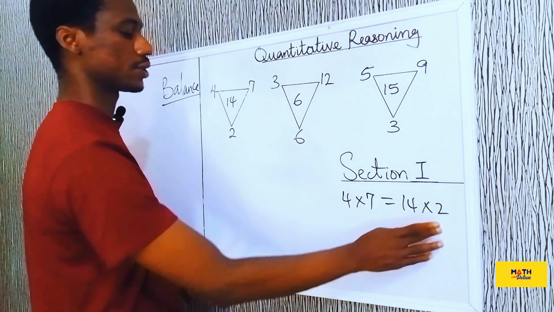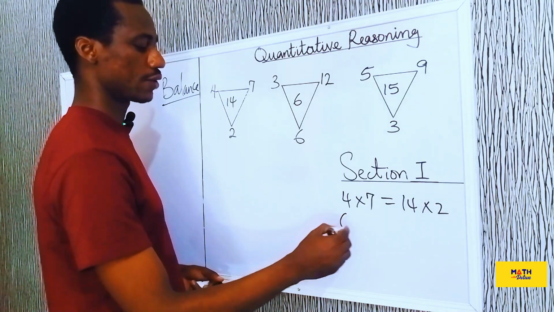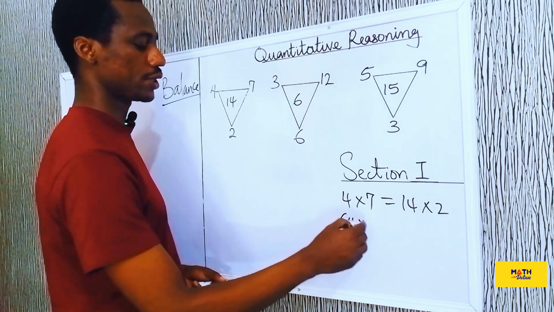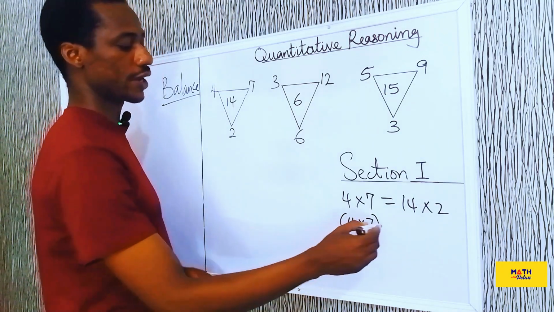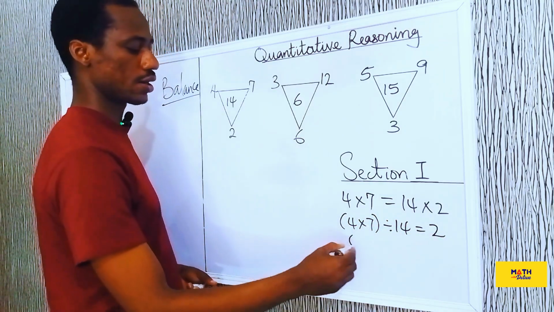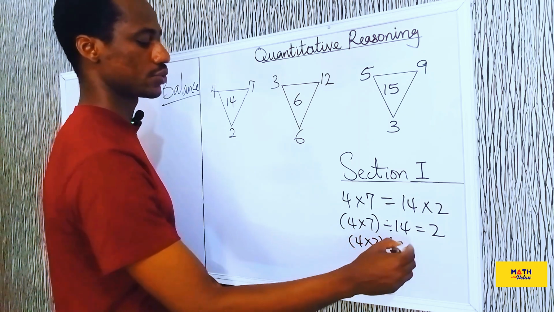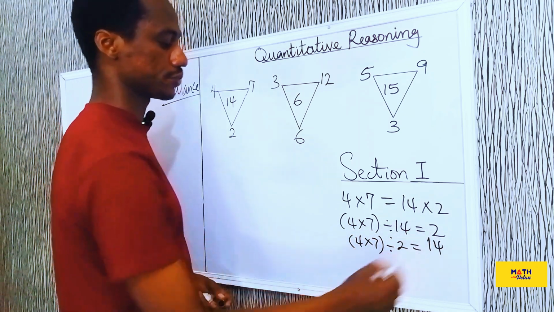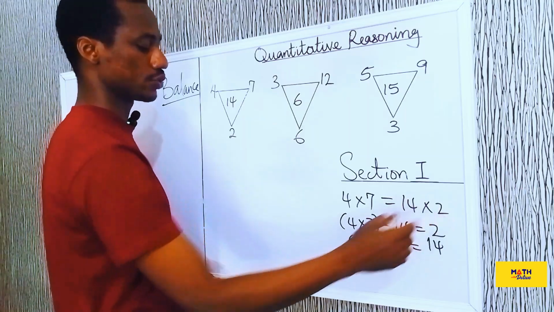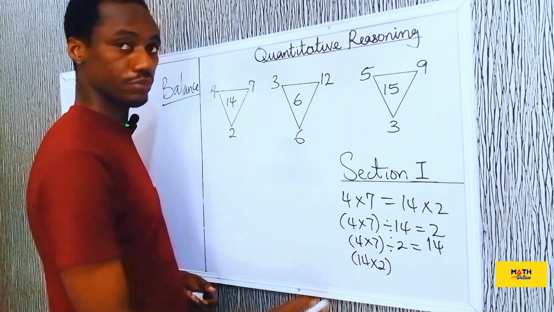So I'm going to write those things out using my brackets. So we have 4 times 7 complete. I divide it by 14, and I have 2. I have 4 times 7 complete. I divide it by 2, and I have 14. Then I have 14 times 2 complete.